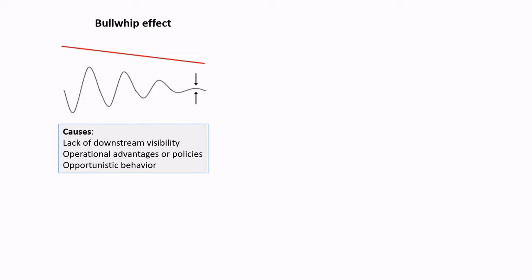So if this direct customer orders in a very old-fashioned way, maybe in very high batches, maybe you will produce the same way. Your demand signal is distorted because you're not seeing what the customer demand is, and you're only getting the signal from the next entity in the supply chain.